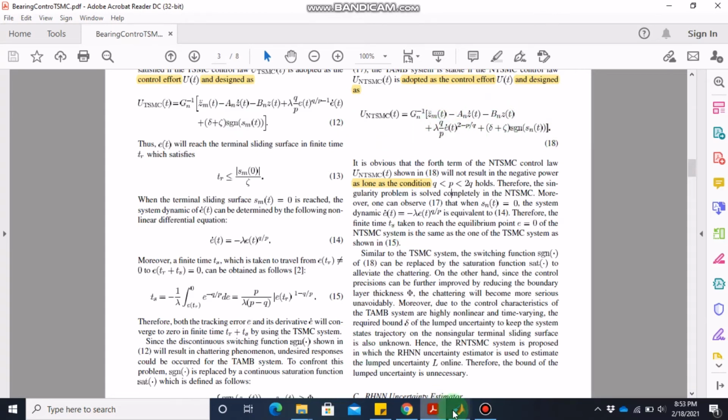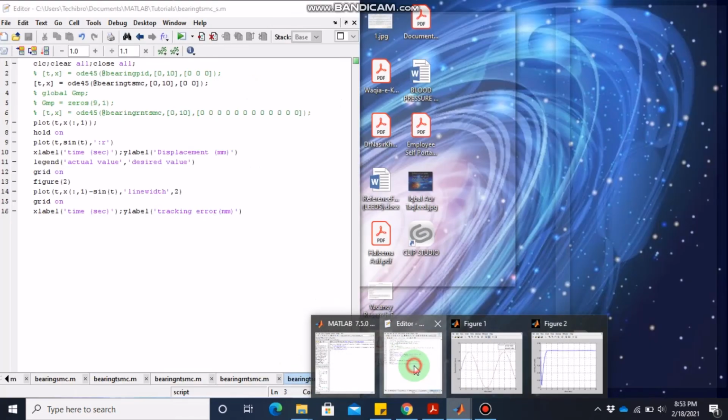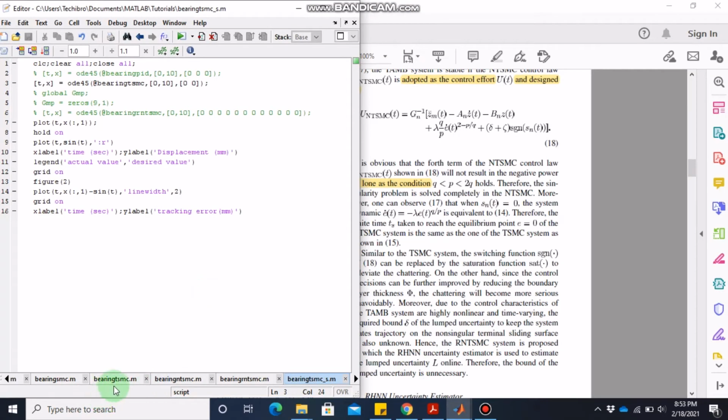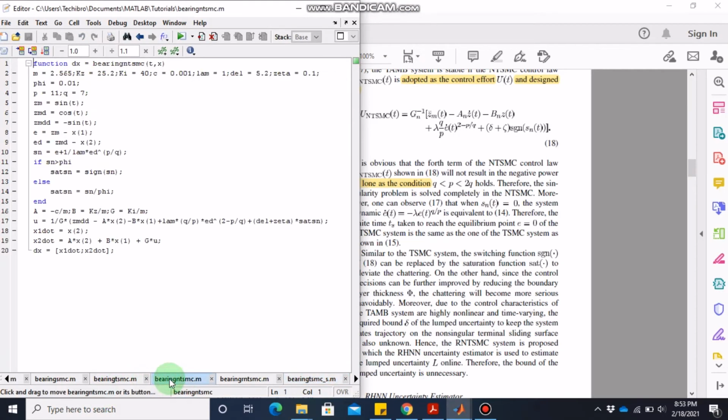So if you go to the code, this is bearing NTSMC, non-singular terminal sliding mode control. This code is all the same, except that the sliding surface now has the power p over q on the derivative of the error instead of the error.